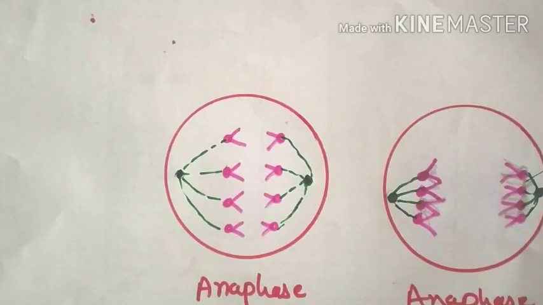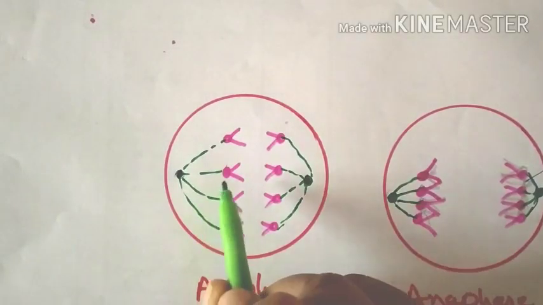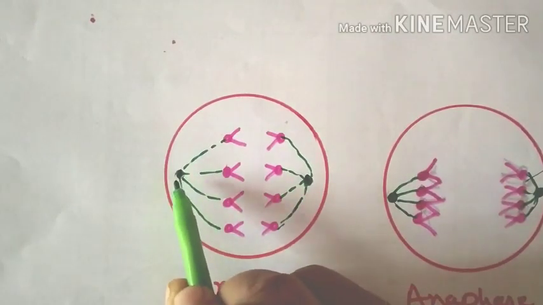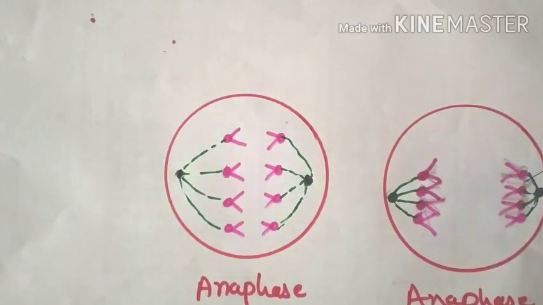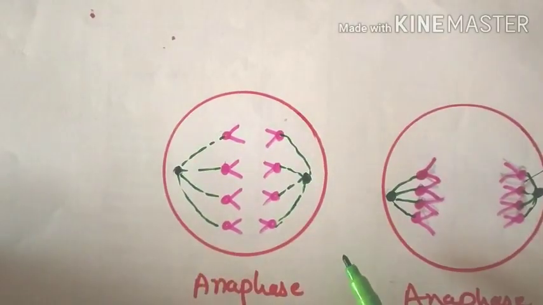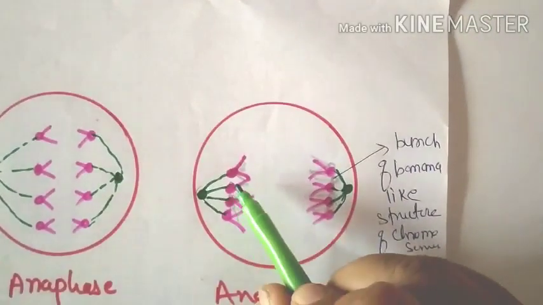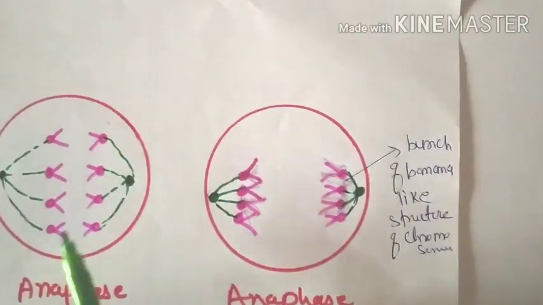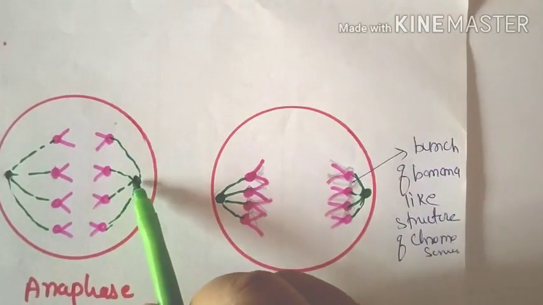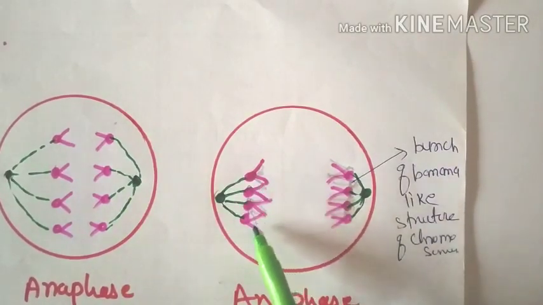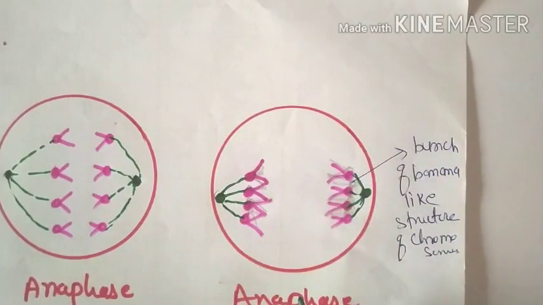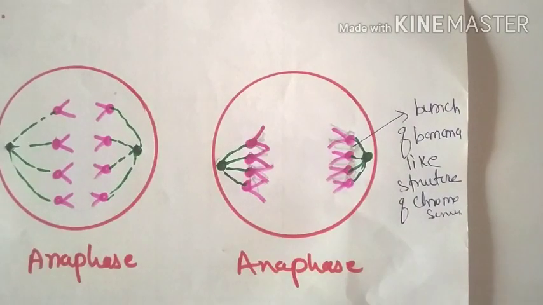So they pull the centromere along with the sister chromatid to the opposite poles. After pulling, it appears like a bunch of bananas. Slowly, these daughter chromatids move towards the centriole and appear like a bunch of bananas at two different poles. This is a peculiar character of the anaphase.